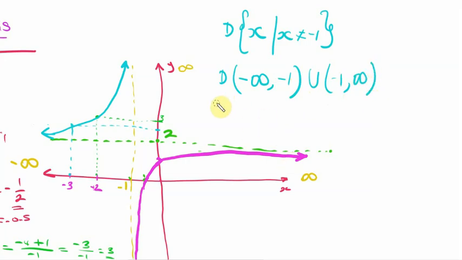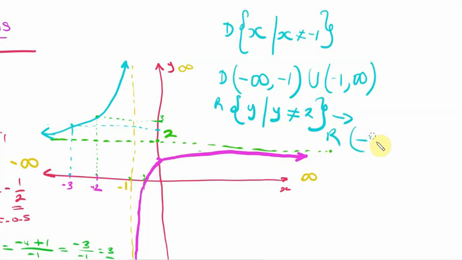Okay, what about the range? The range will also be all the values of y except for y equals 2, or we can write it as the range from minus infinity to 2, union 2 to positive infinity.